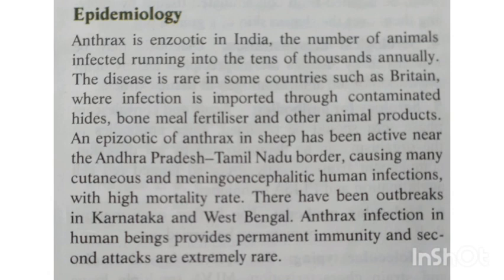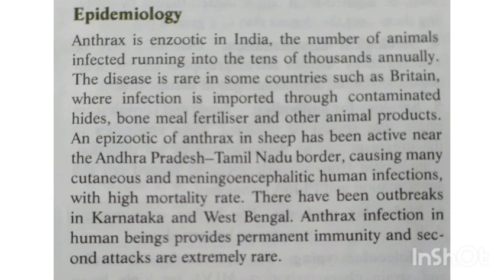And here the transmission occurs directly or indirectly from animals to animals or animals to humans. Direct transmission from animal to animal is a rare process, and in human beings the infection is transmitted directly or indirectly from animals. Then the route of infection depends upon the type of infection, like cutaneous, pulmonary, and intestinal anthrax.